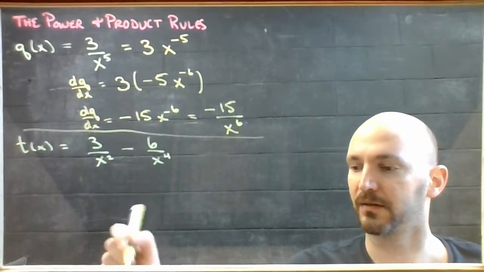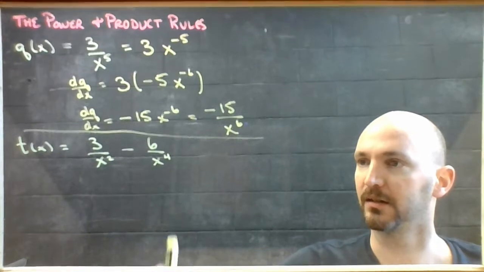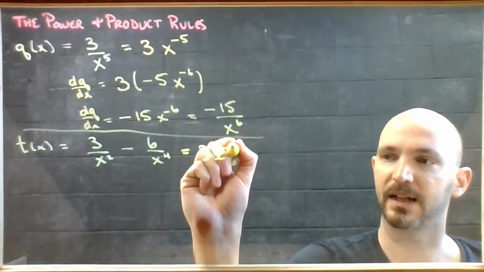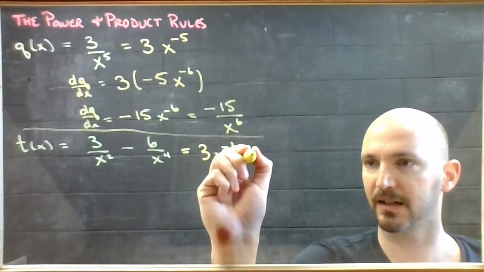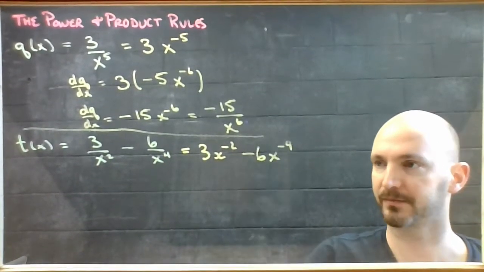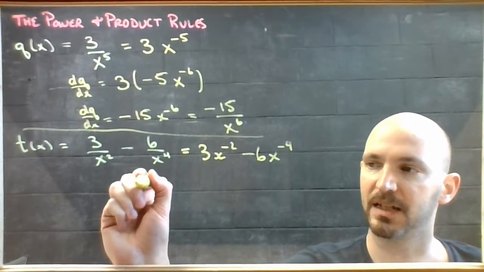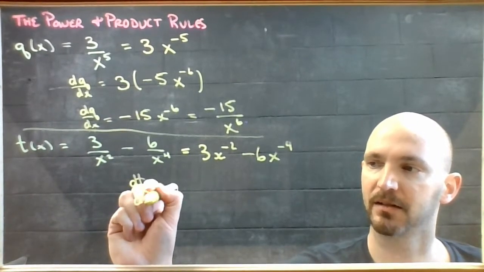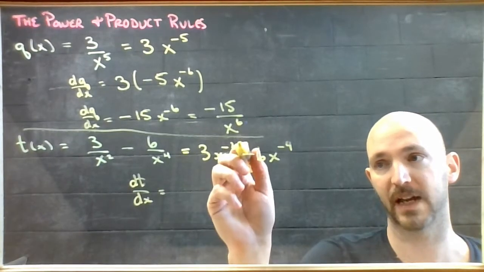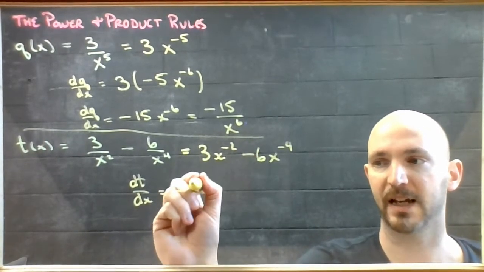This is a new example. Let's clean that off. Okay, so that would be a 3 with an x to the negative 2 attached, and a negative 6 with an x to the negative 4 attached. So dt by dx will be, we'll bring this in front and multiply. Negative 2 times 3 is negative 6.